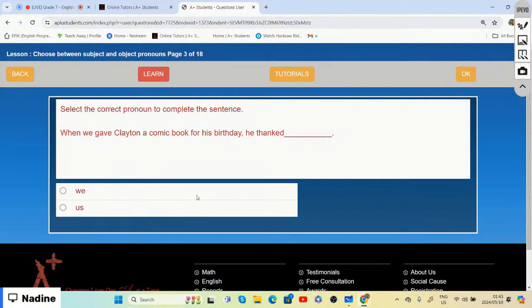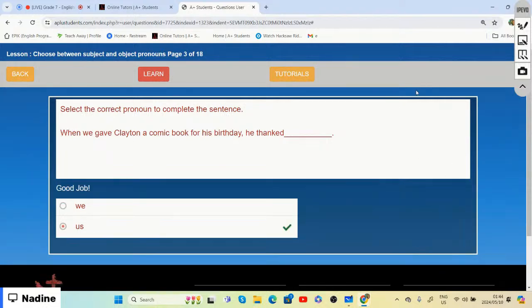All right, so we can say, "When we gave Clayton a comic book for his birthday, he thanked us." Not "he thanked we," but "he thanked us," and us refers to we.